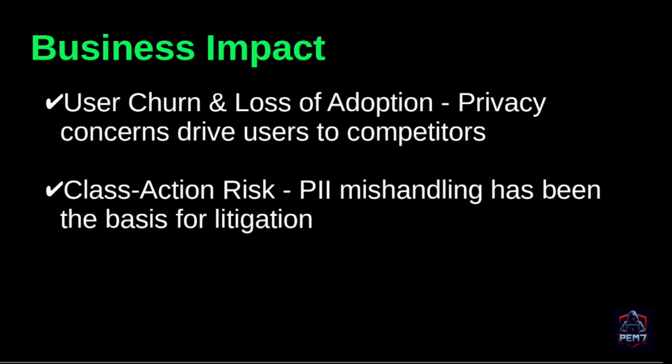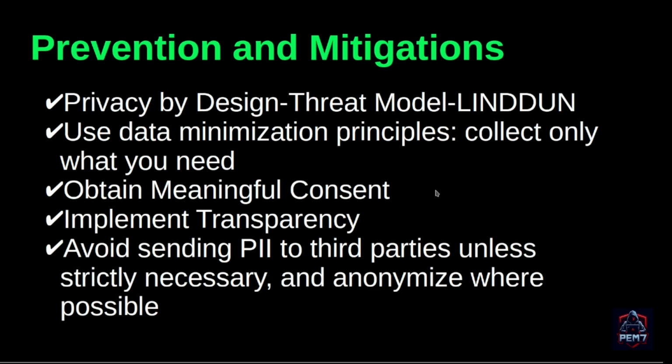So let's see how we can prevent and mitigate this threat. Implementing adequate privacy controls requires a comprehensive privacy by design approach. Implement this through threat modeling during the design phase, where you can use methodologies like LINDDUN to threat model against possible violations of privacy controls.